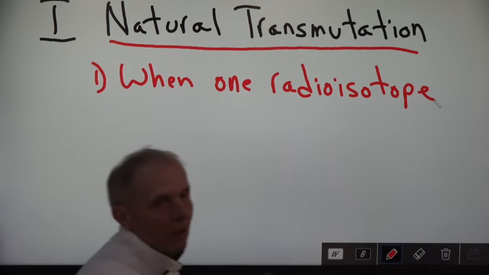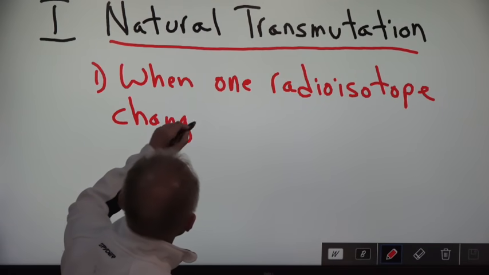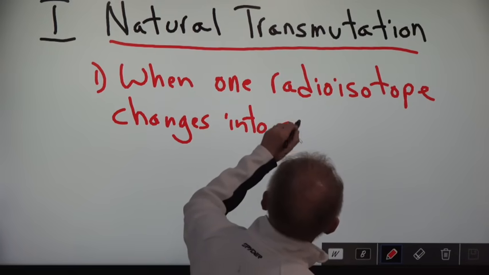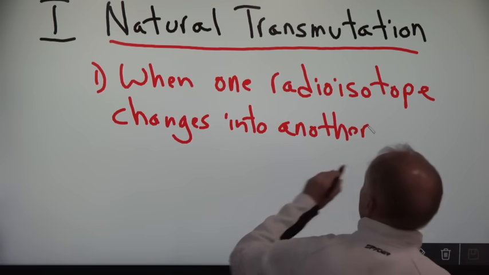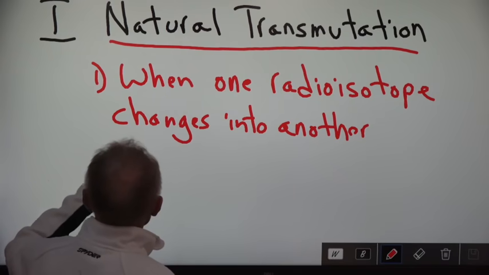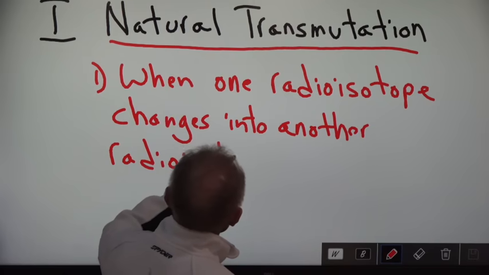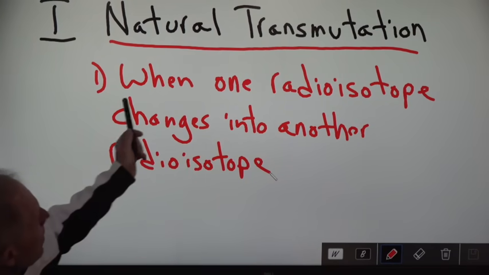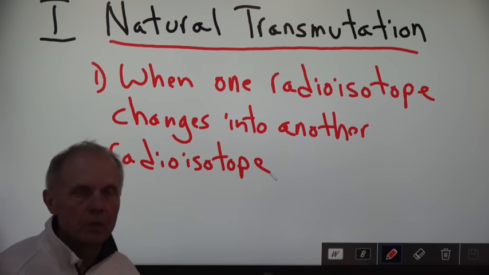Natural transmutation: when one radioisotope changes into another radioisotope.